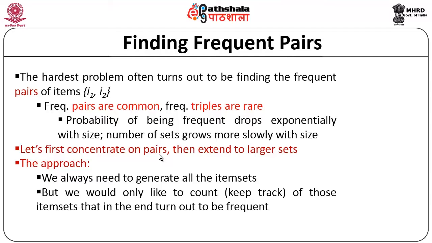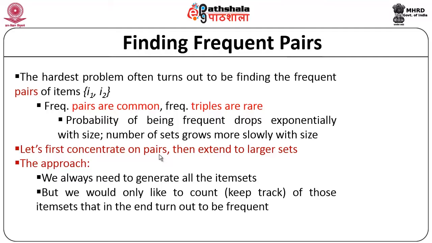Now, frequent pairs are actually common, but frequent triples become rare, and furthermore frequent 4 item sets, frequent 5 item sets, and then the frequent kth item set becomes very rare. Sometimes it may not even be part of your database. So, our priority is identifying the frequent pairs that are in common.